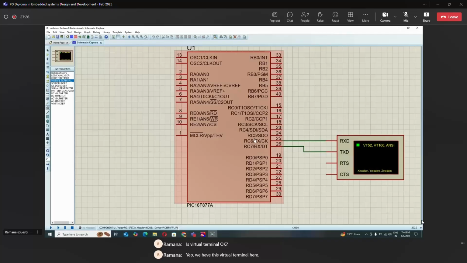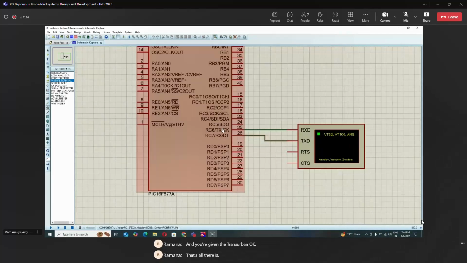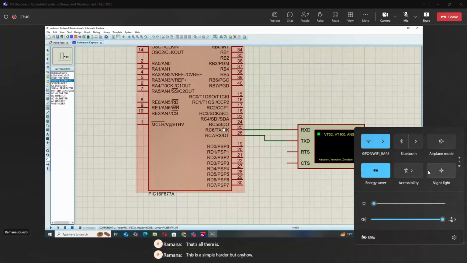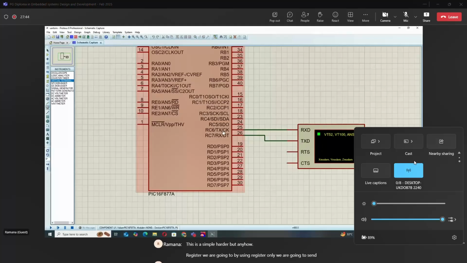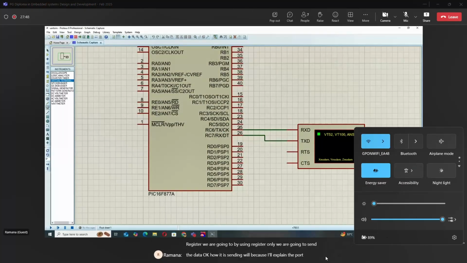So transfer given to the receiver pin and receiver given to the transfer pin. Okay, that's all. This is a simple order, but anyhow, it's a serial communication register. By using the register only, we are going to send the data. Okay, how it is sending, before that I'll explain the code.